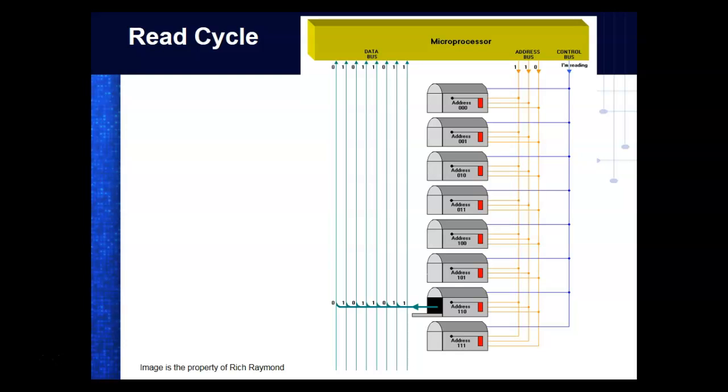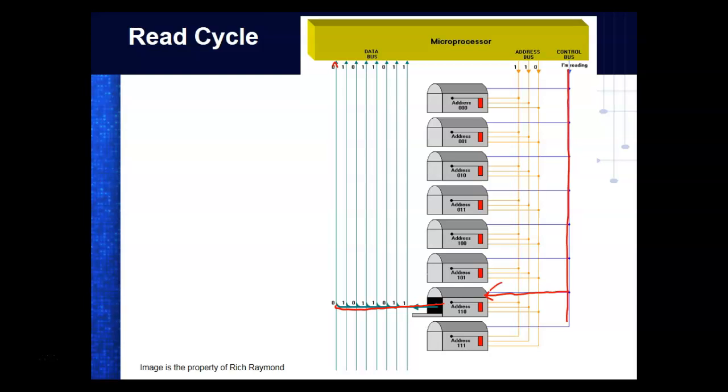So it opens up its mailbox door. The control bus says, I'm reading. So everybody sees that, but only one is addressed. So the microprocessor is reading, so the mailbox puts the information on the data bus, and then the microprocessor reads the data bus. So that would be what we call a write cycle and a read cycle.